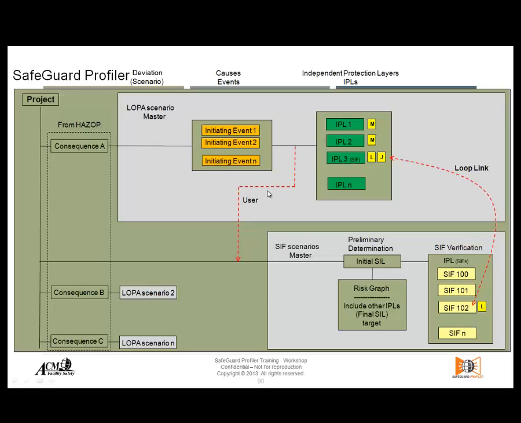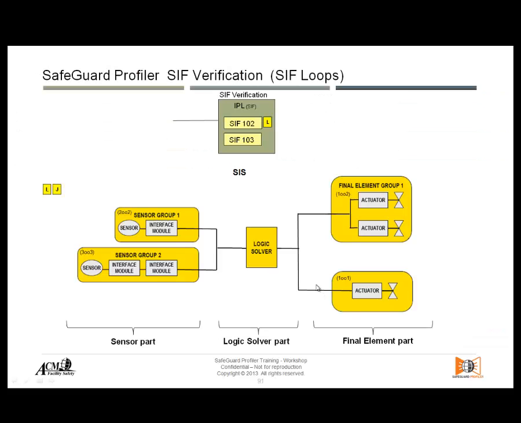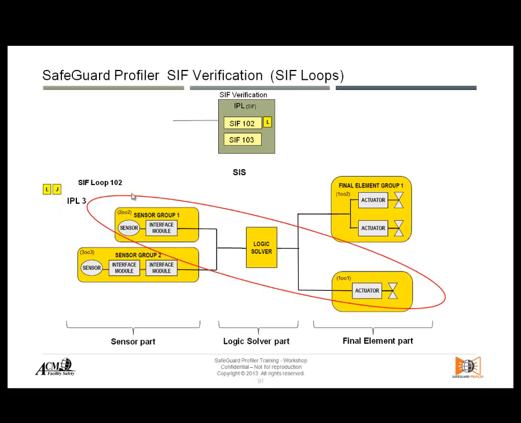So you create that safety instrumented function, for example, safety instrumented function 102 or 103. In a safety instrumented system, you might have more than one safety instrumented function. You might have, for example, loop number 102, which is independent protection layer 3, as we saw before, and we can have it linked to that layer protection analysis loop.